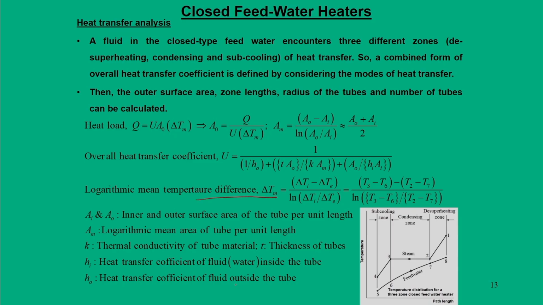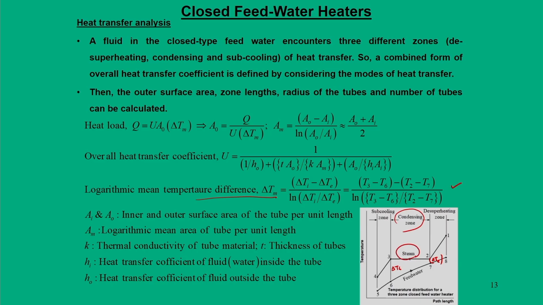And by definition, if you are looking at a condensing zone unit, this LMTD is defined by this expression, taking the temperatures into consideration as delta Ti here and delta Te here at this end. So, if it is only operating in the condensing zone, the LMTD expression follows this form.